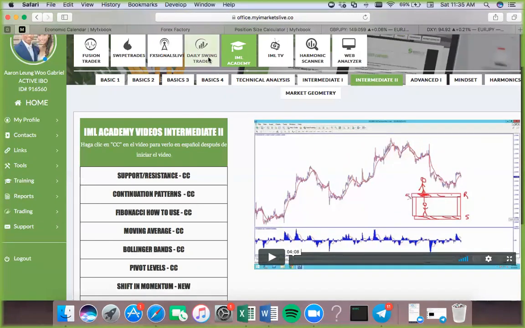Fundamentals means news. Know this: fundamentals means news. So you'll hear me say either fundamentals or technical analysis, which means either macroeconomics or charting levels.